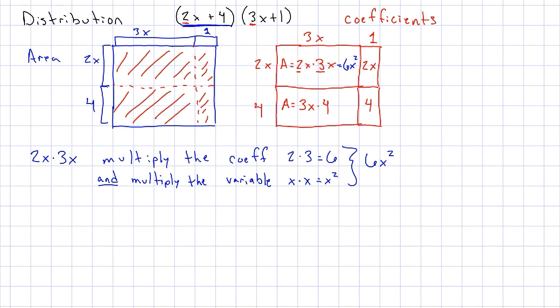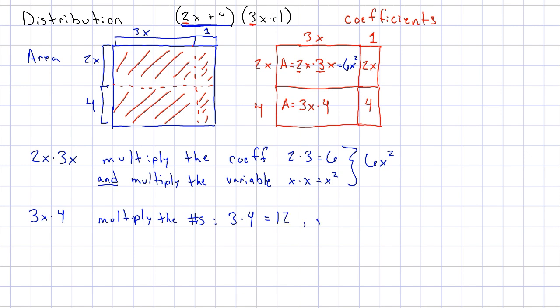Then I have my lower left rectangle, 3x times 4. And so we have a 4 and a 3. We have the numbers, but there's only one x term. So in this instance, we just multiply the numbers, the 3 and the 4. 3 times 4, which is equal to 12.